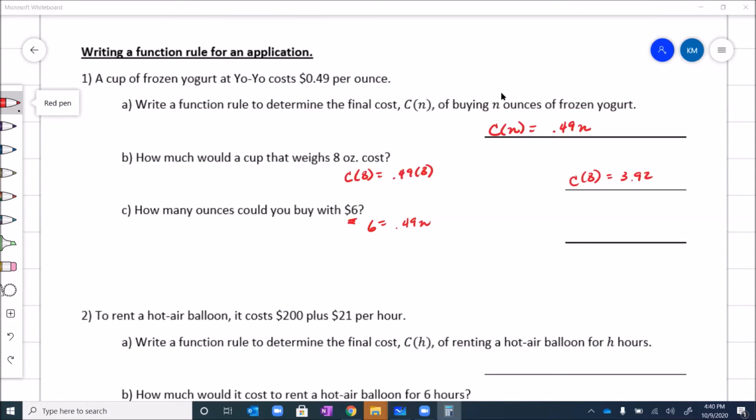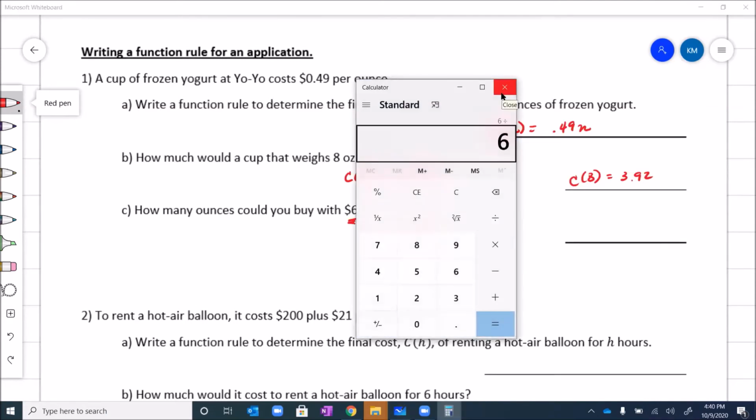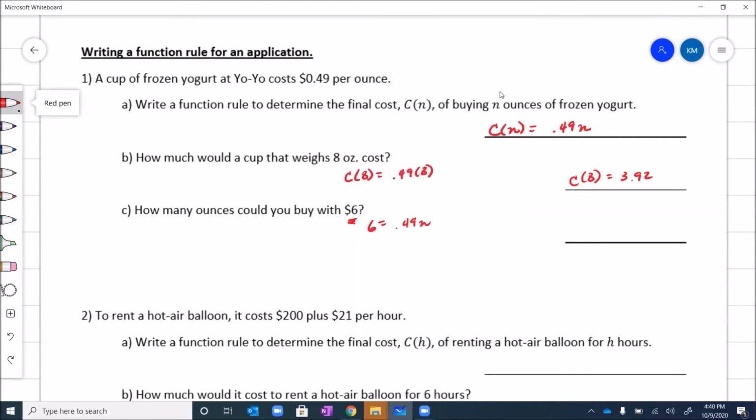So 6 divided by 0.49 gives us 12.24 ounces. And so I'll say n equals 12 point.